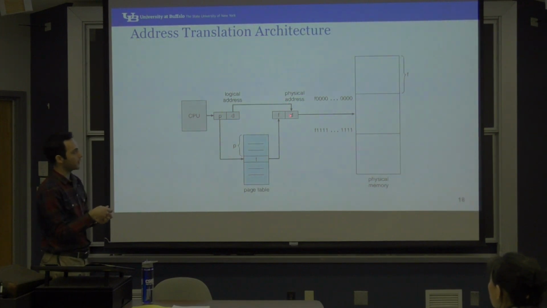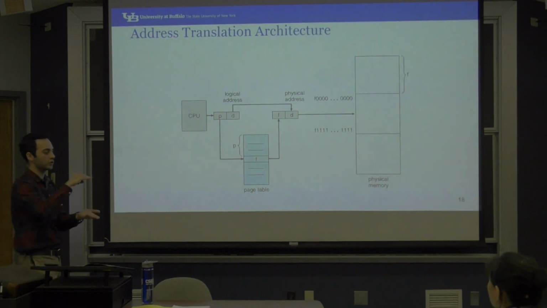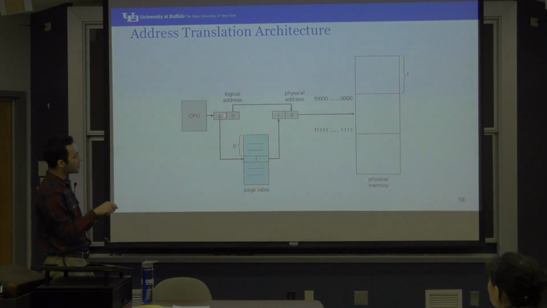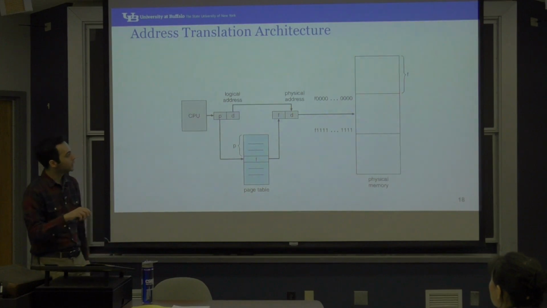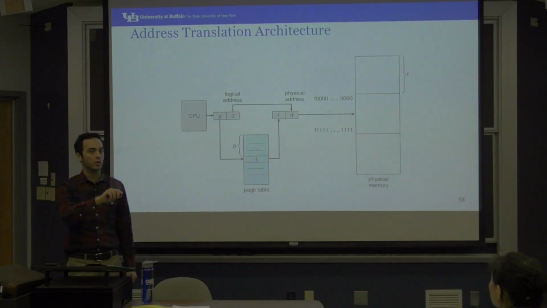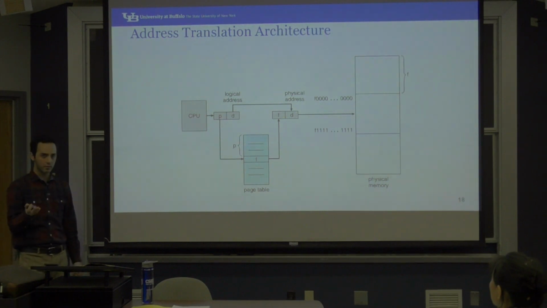The offset is the same because each frame and each page has the same size, so their offsets can vary exactly over 28 bits. But the page index references the page table, which shows this page is this frame, so that frame is then used in the physical address. So that's address translation.